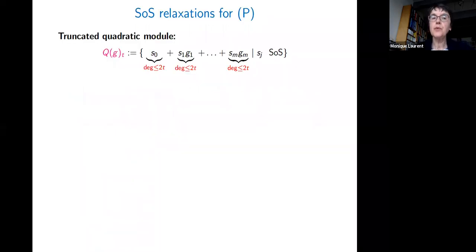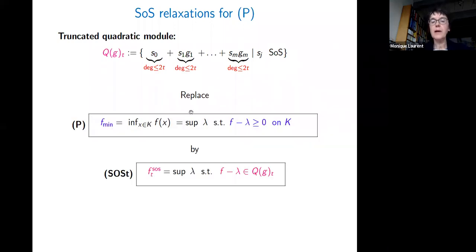If we want to design bounds that can be computed using semidefinite programming, the only additional thing we need to do is to restrict the degree of the sum of squares multipliers s_j. We pick an integer t, which is our degree bound, and we restrict to the case where all the summands have degree at most 2t.